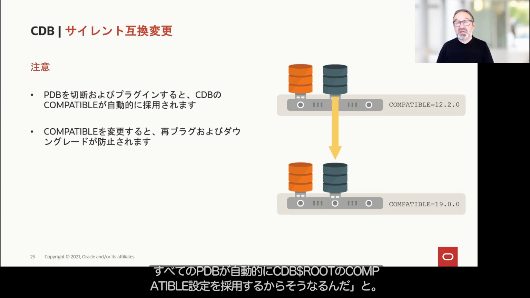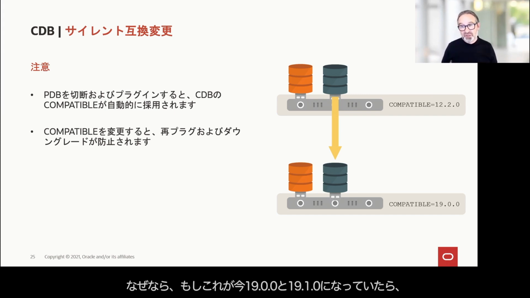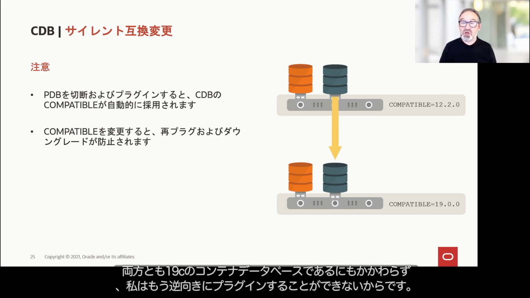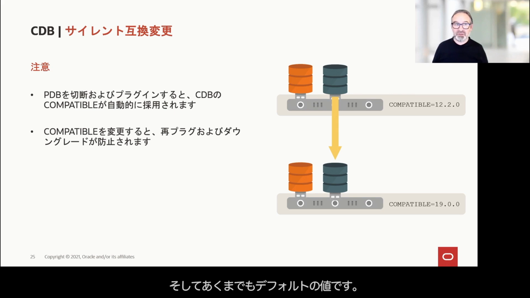I didn't do that. It happens because all PDBs will automatically adopt the compatible setting of the CDB$ROOT. But now you see where this becomes tricky, because if this would now be 19.0.0 and 19.10, I couldn't plug backwards anymore, even though both are 19c container databases. So compatible, keep it equal in your environments for the release, and just the default value.